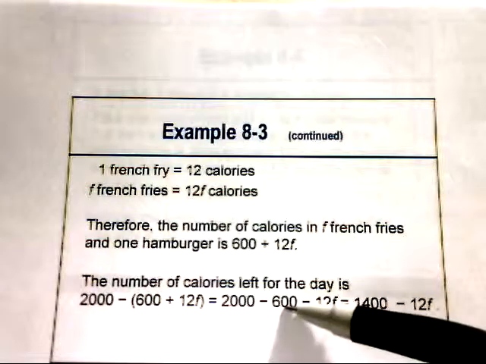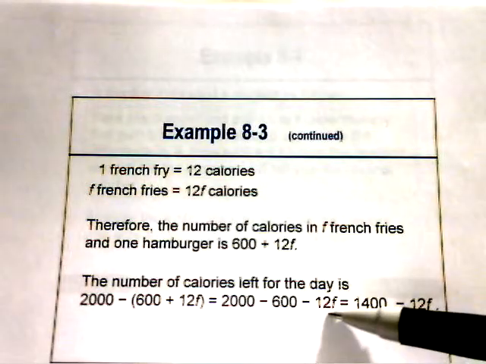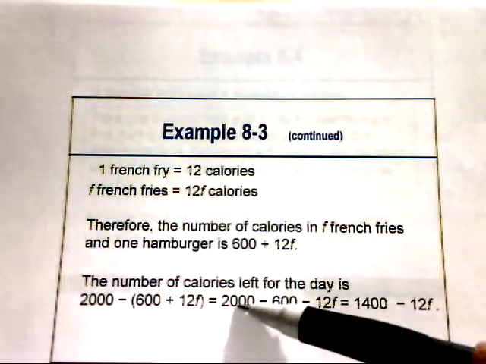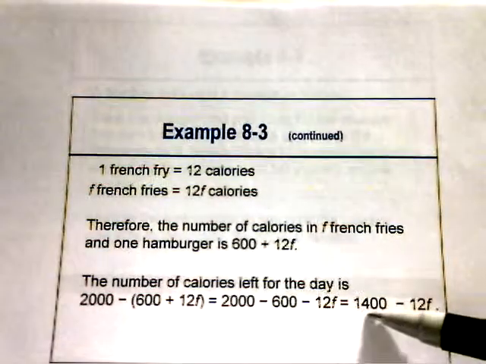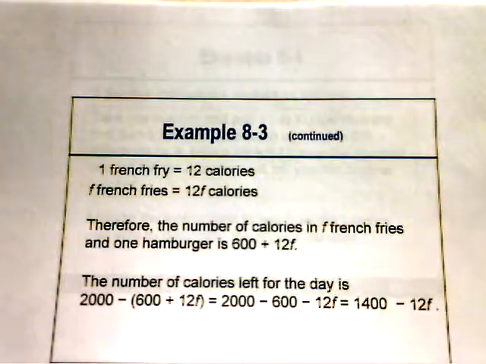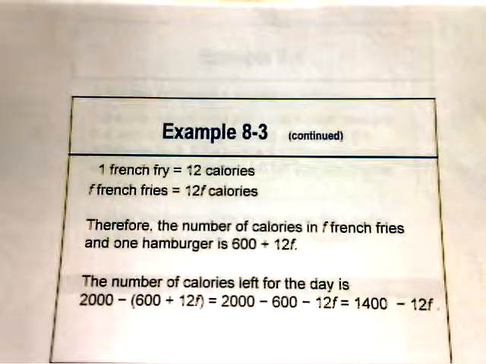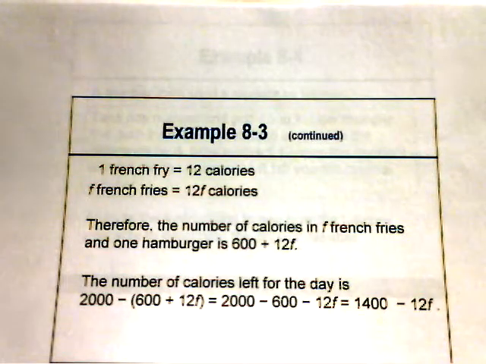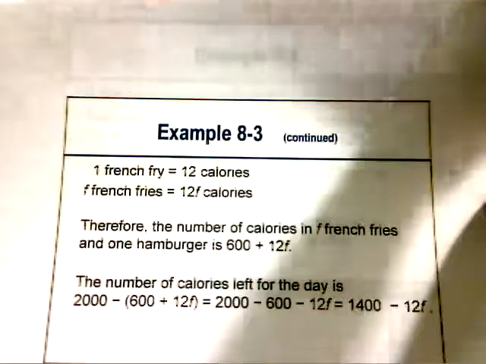So you get 2,000 minus 600 minus 12F. Well, if you combine like terms, 2,000 minus 600, that's 1,400. And then you bring over the minus 12F. So the number of calories left for the day for Akiva would be 1,400 minus 12F calories.